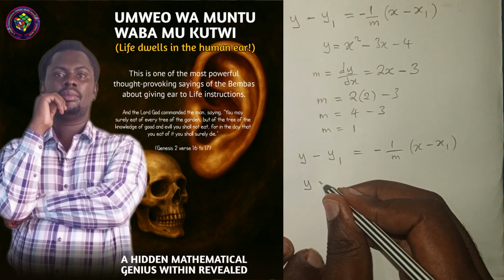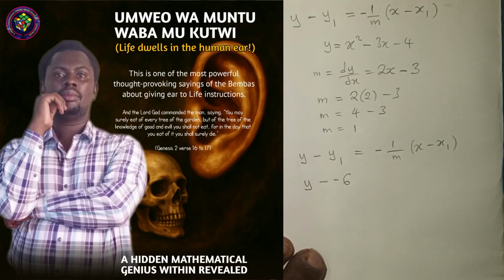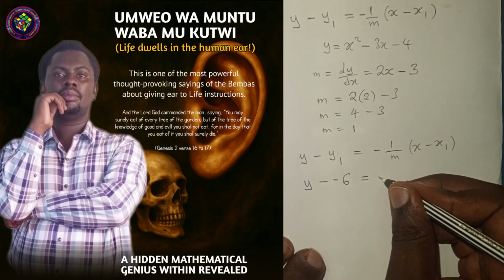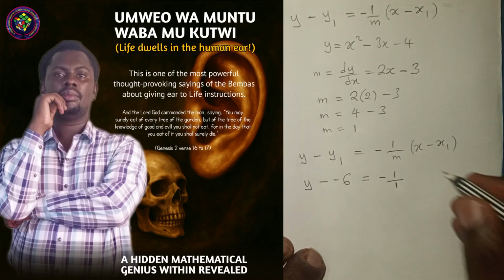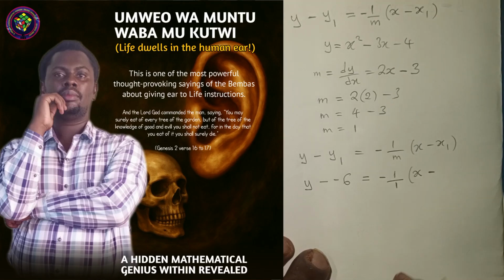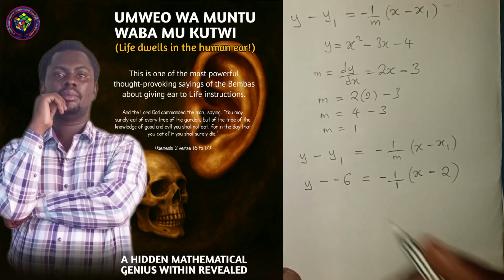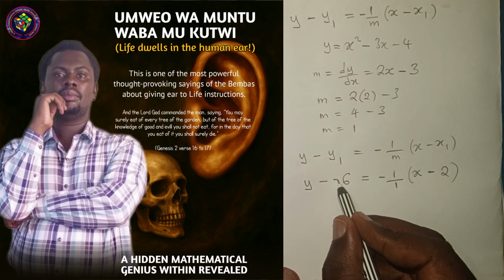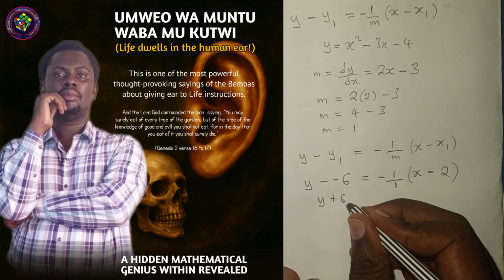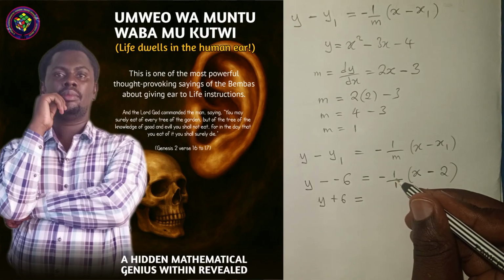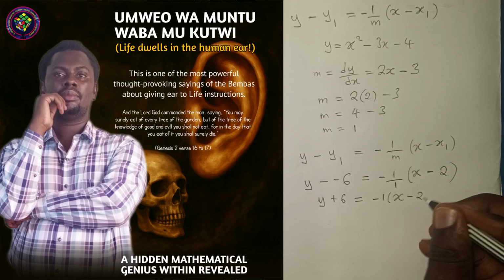So we have y minus the negative 6 is equal to minus 1 over m, which is 1, so over 1, then in brackets x minus the x value, 2, so x - 2. Here we have minus and minus, and negative multiplied by negative gives positive. So we have y + 6 = -1/1, that is -1, times (x - 2).